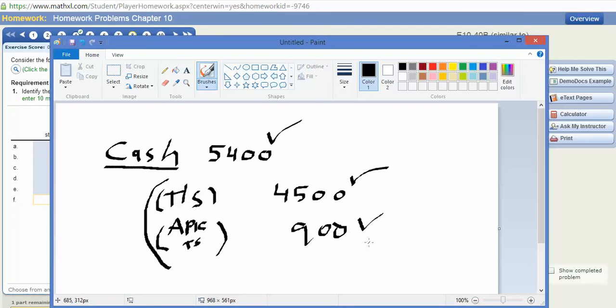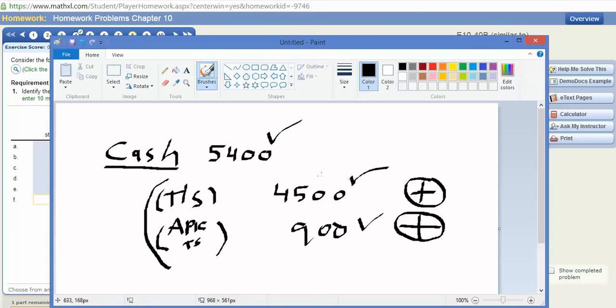Be careful here. There's a tendency to get confused because additional paid-in capital increases stockholders' equity, right? So everybody's pretty clear on that. Credits to treasury stock also increase stockholders' equity.